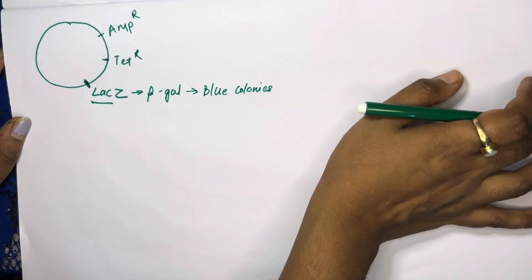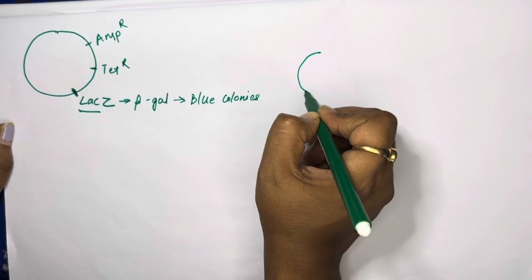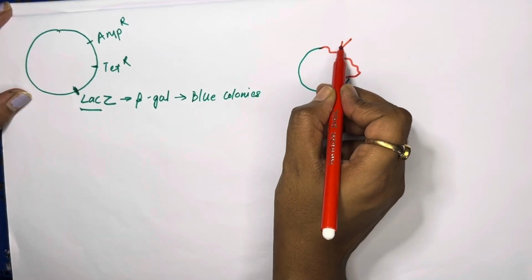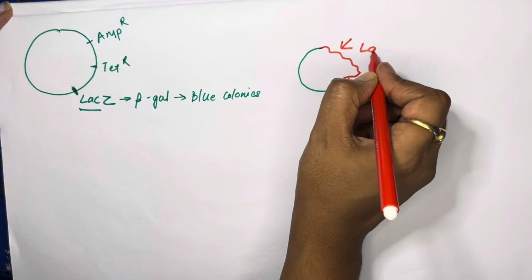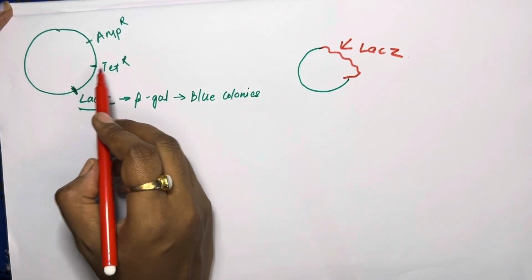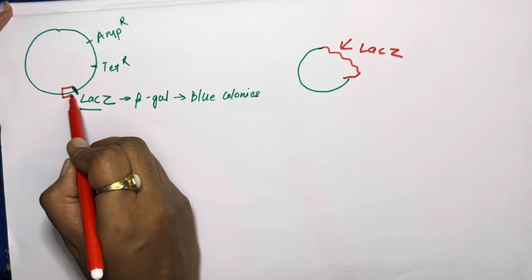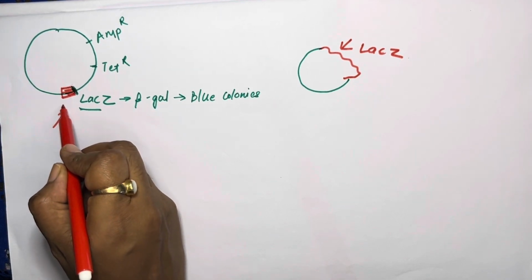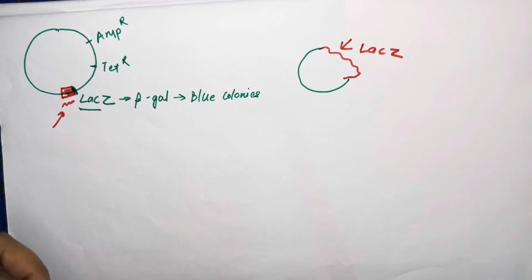Remember one thing: if recombination takes place, then the gene is inserted right at the LacZ area. So imagine that up to here it is the LacZ gene, and if the gene is inserted right here, then the LacZ will be disrupted.